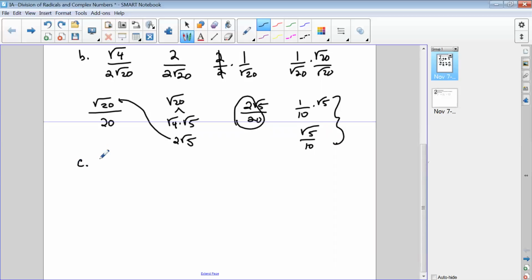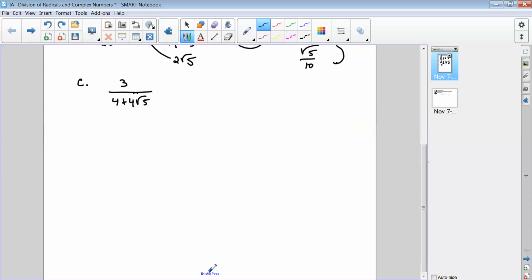And then part C, I've got 3 divided by 4 plus 4 times the square root of 5. In this last one, it's a little different because I've got 2 terms. So I'm going to apply the conjugate, which we learned in Unit 1.